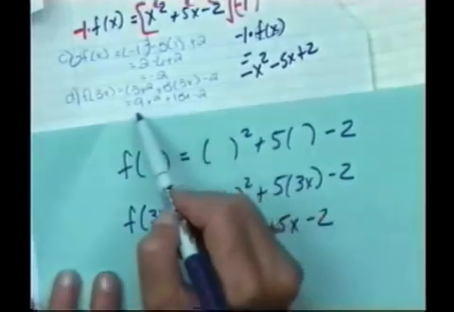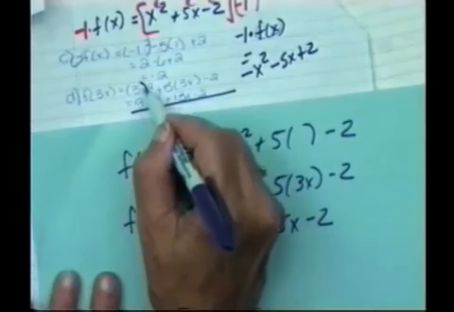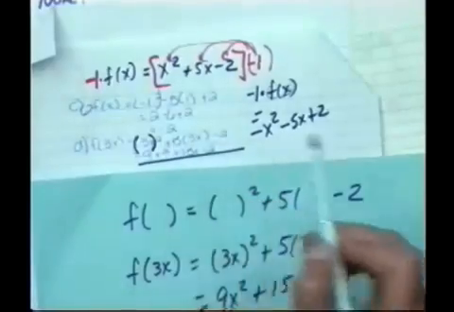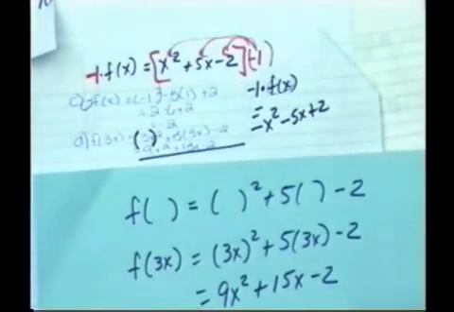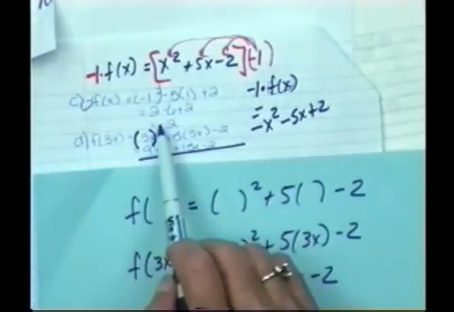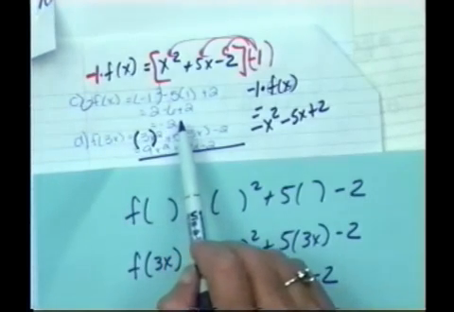All right, let's see. This person got it correct. However, the parenthesis right here was missing. It's 3x quantity squared. Yes? The C part that the person's done, I can't figure that out. You can't figure out their C part? Me either.